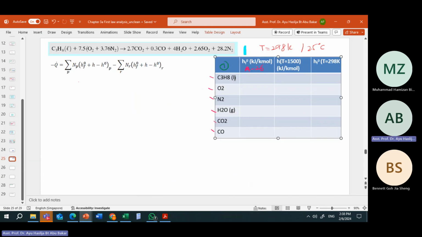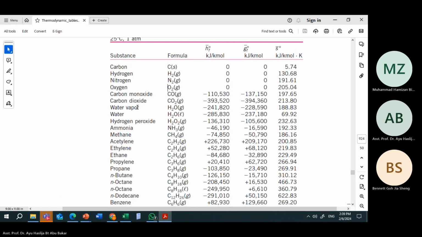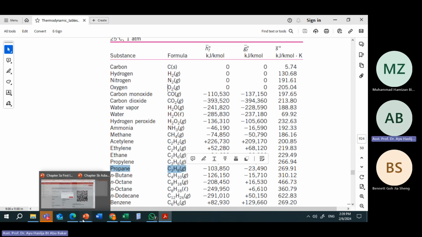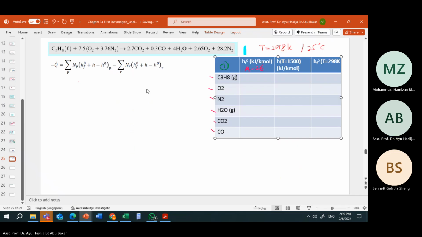This one, fuel, we remain as in gas form, because from the table is in gas form. Yeah, gas. Sebab kalau liquid, you need another step to convert it into liquid. We just remain in gases.